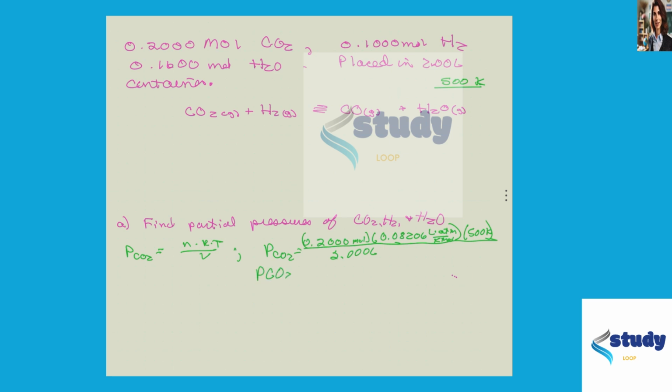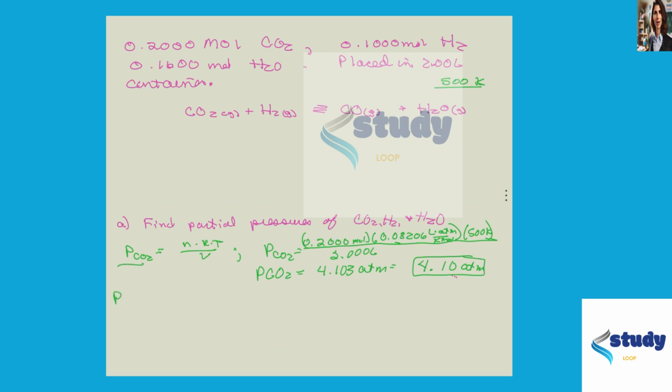Grabbing my calculator, 0.2 times 0.08206 times 500 divided by 2 is 4.10. Let me check my sig figs here. I believe I can go to 3 sig figs because of my 500. 4.10 atmospheres is my partial pressure of CO2.